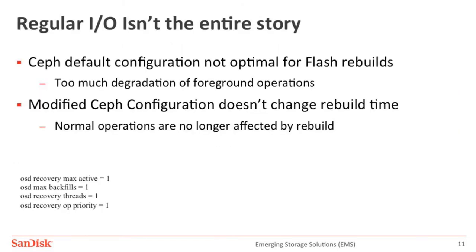But just regular IOs isn't the whole story. One of the things is that as a scale-out system, you have to be able to deal with hardware failures and rebuild lost data, either due to outages or actual hardware crashes. And the standard Ceph is optimized for hard drives.